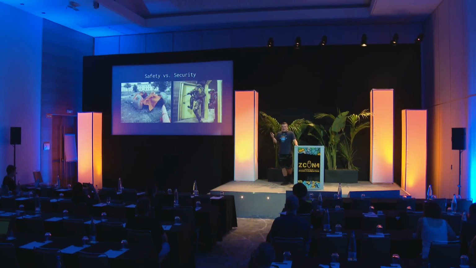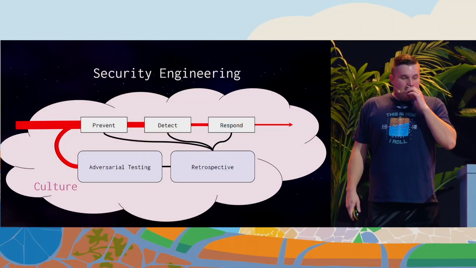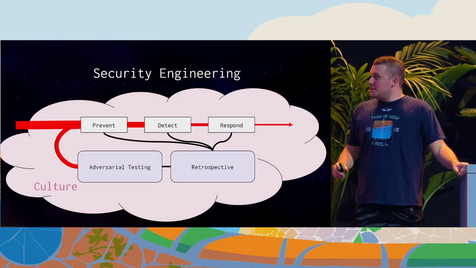But security is also becoming important for safety as things become more and more connected to the internet. So for example, if your self-driving car can get hacked and be remotely controlled, that becomes a safety risk for the occupants and everyone else on the road. So really these two disciplines are coming together, and we should see in the future more and more ties between these two industries. So let's get to security engineering.